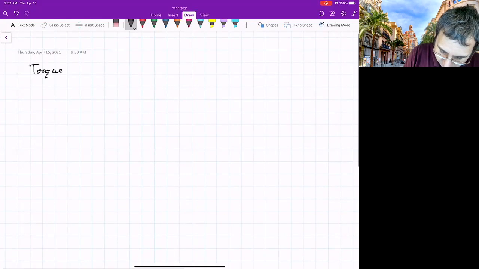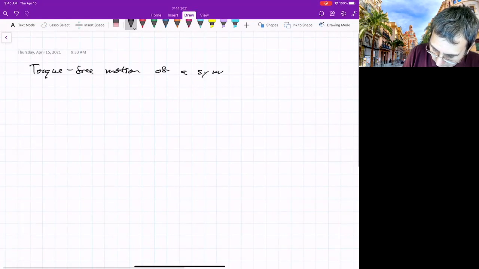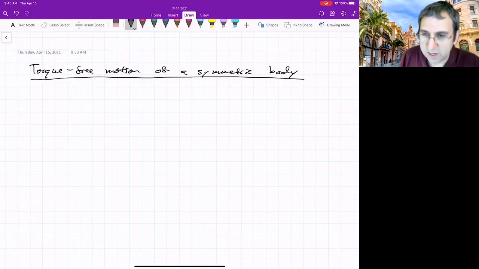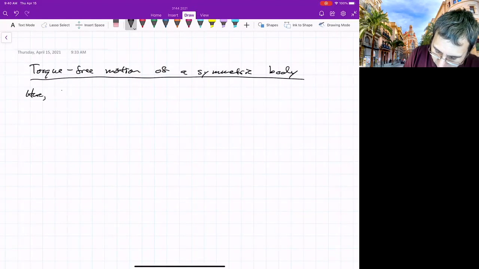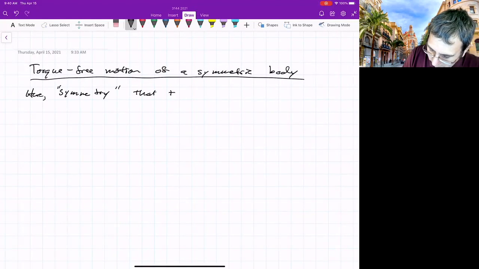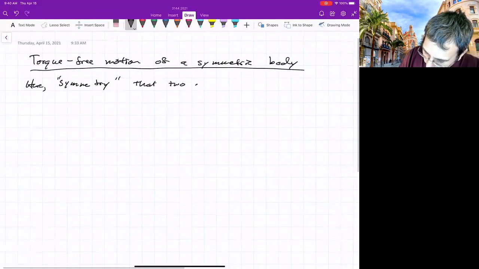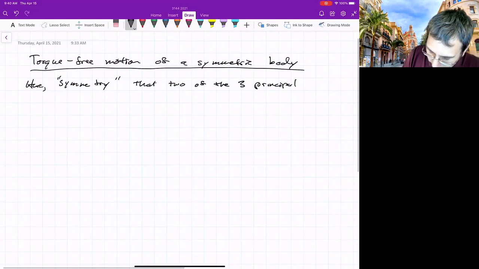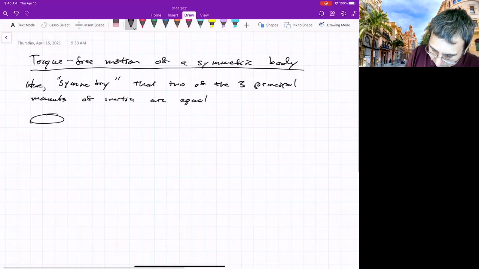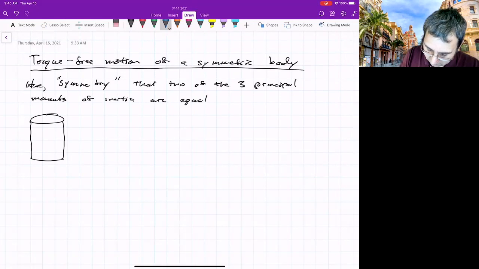So we're looking at torque-free motion of a symmetric body, where here symmetry means that two of the three principal moments of inertia are equal. So you could think of the solid cylinder, where you've got a frame that's centered at the center of mass, v1, v2, v3.